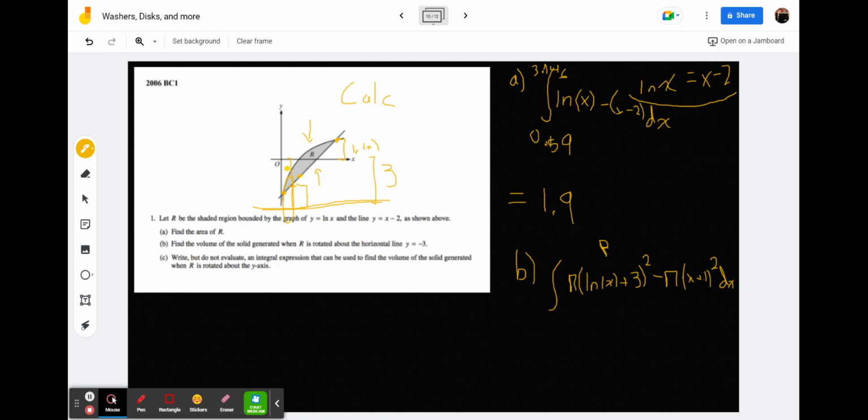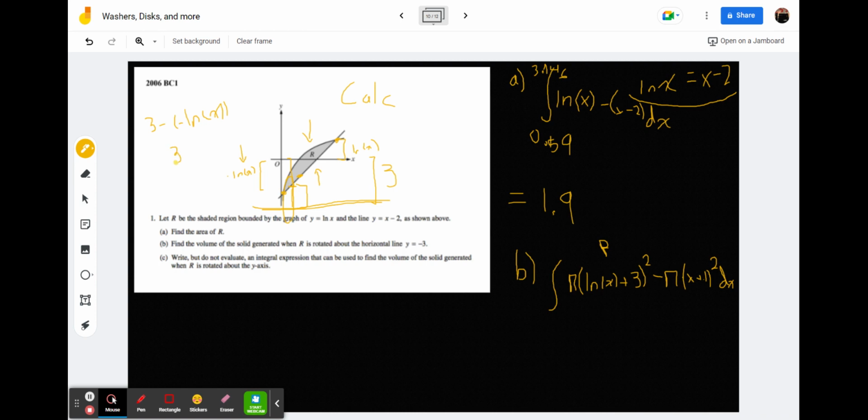Well, if ln x is negative, this distance is actually going to be negative ln x, so we need to do 3 minus that distance, which is minus ln x, and we'll just end up getting 3 plus ln x.